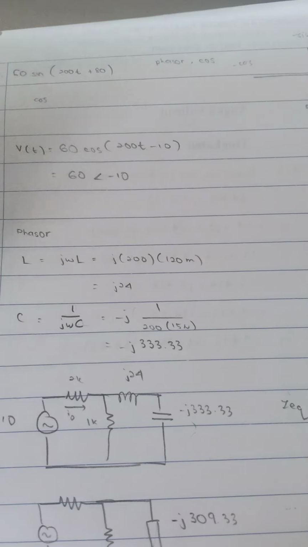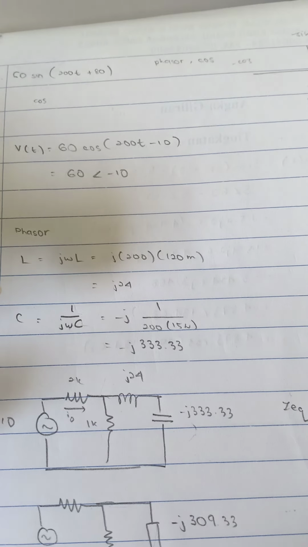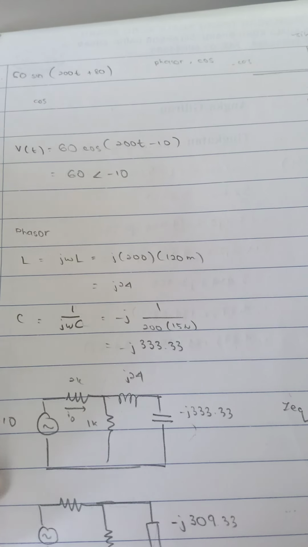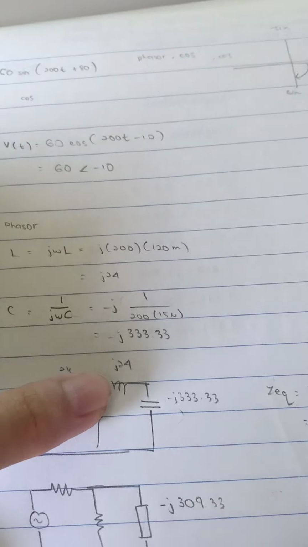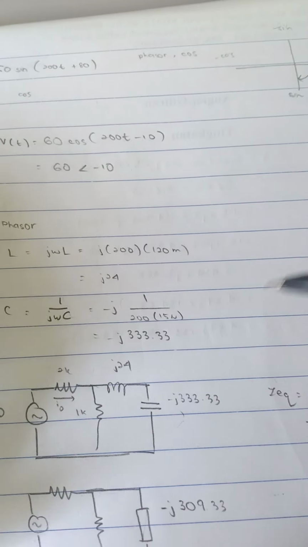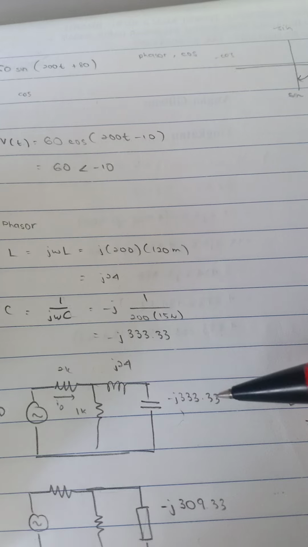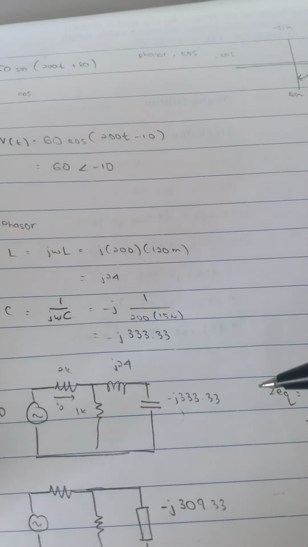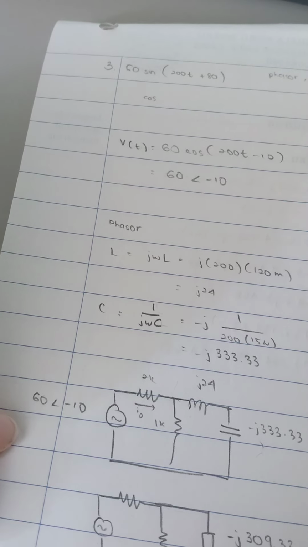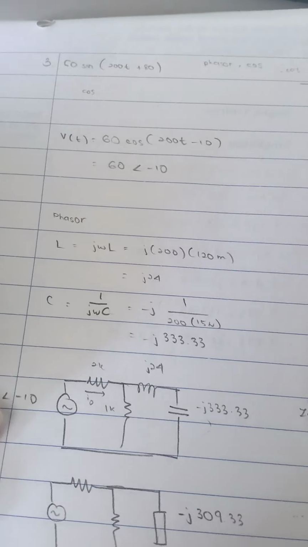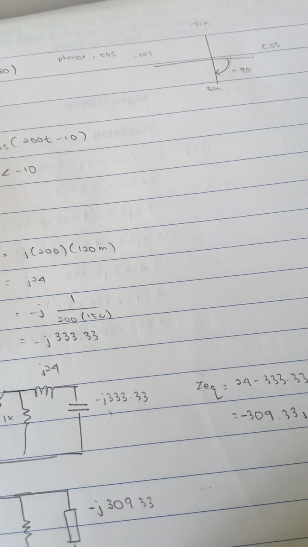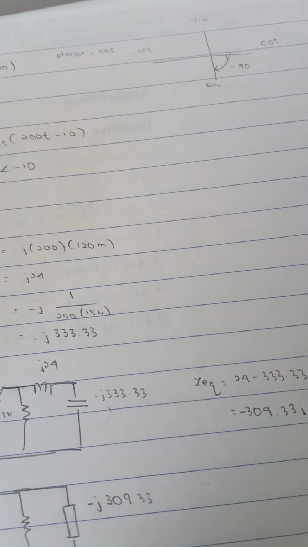We will redraw the circuit in phasor format. So this inductance is j24, this capacitance is minus j333.33, and this power supply is 60 angle of negative 10. So we should now calculate the impedance.